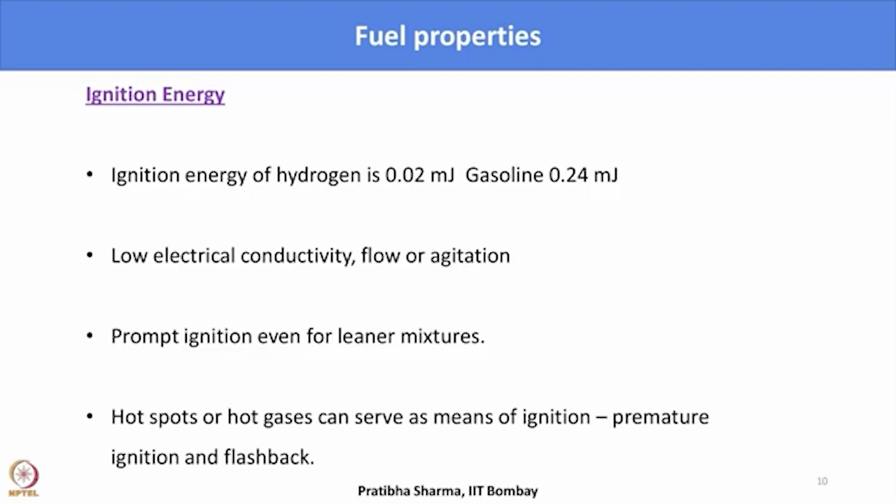Now this small ignition energy again has an advantage in the sense that it can result in prompt ignition when used in IC engines. Even a leaner mixture can cause ignition, but at the same time the major challenge is that even hot spots or hot gases can serve as a means for ignition, and it can also result in premature ignition and flashback.